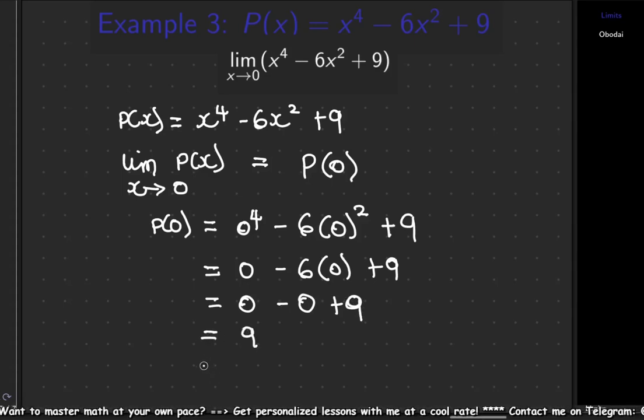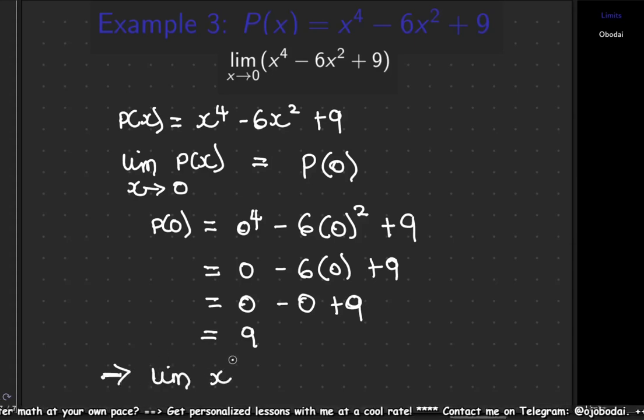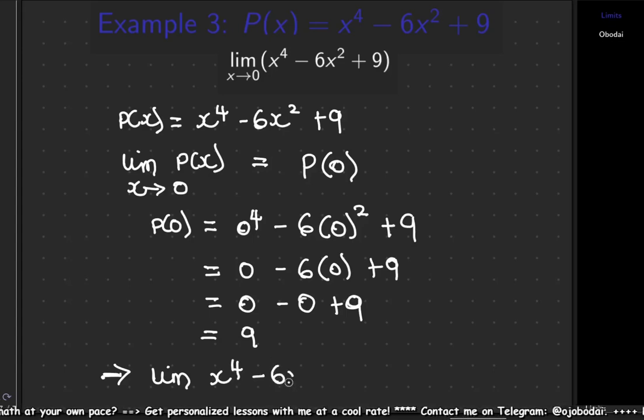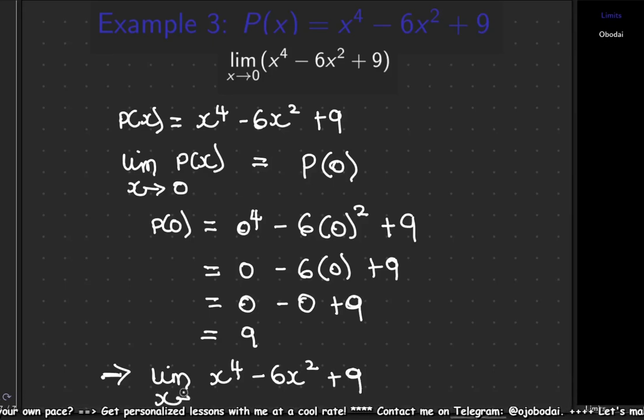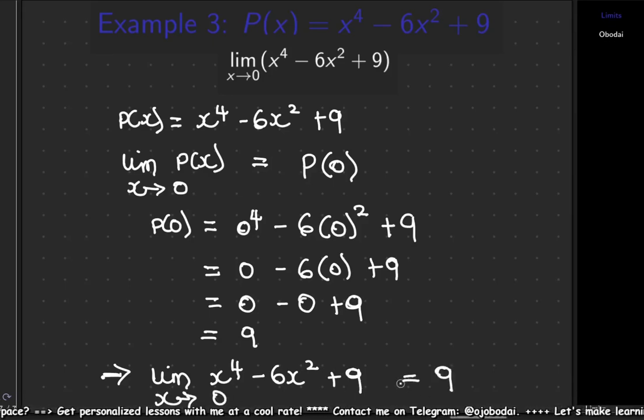A positive 9. So this simply implies that the limit of x to the power 4 minus 6x squared plus 9 as x approaches 0 is 9. As simple as that. This one was very simple because we were working with 0.